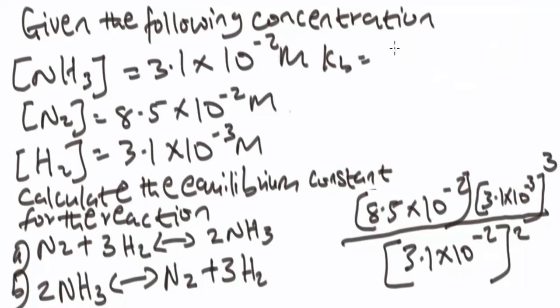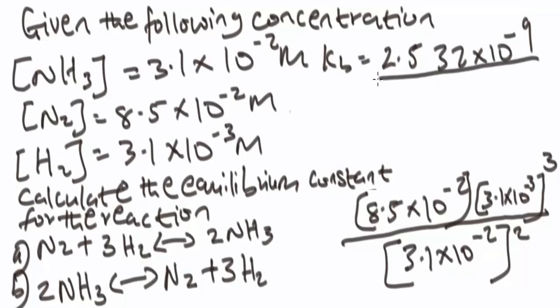So the numerator will give us 2.532, if you are leaving it in three decimal places, times 10 to the power minus 9. Divided by the denominator, which will give us 9.61 times 10 to the power minus 4.